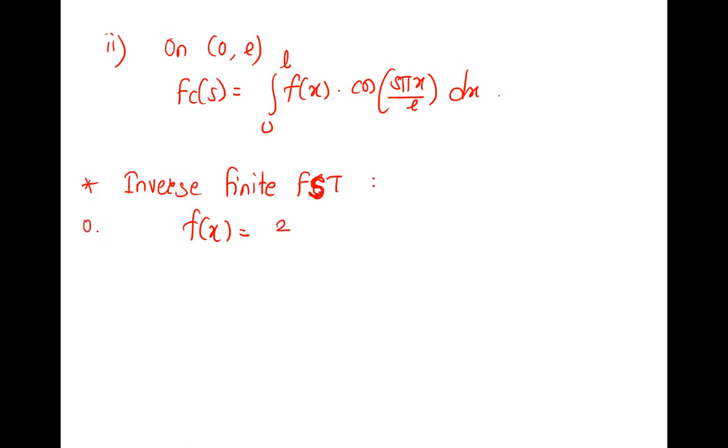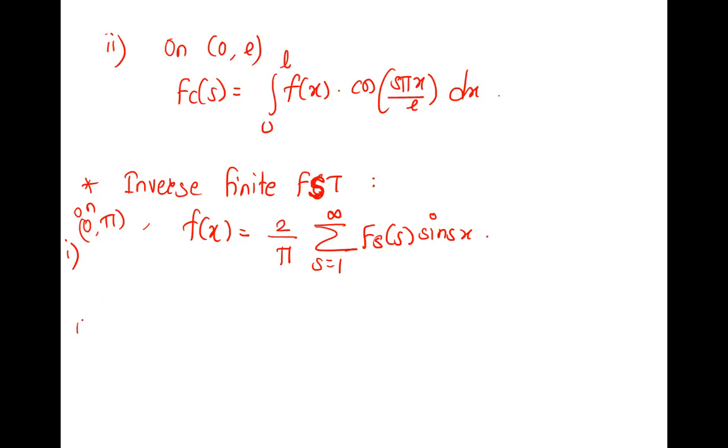Now again on the two intervals, first is 0 to pi. On 0 to pi, it is f of x is 2 by pi summation s is 1 to infinity. Instead of integration it will be summation, since it is finite, fss into sine sx.